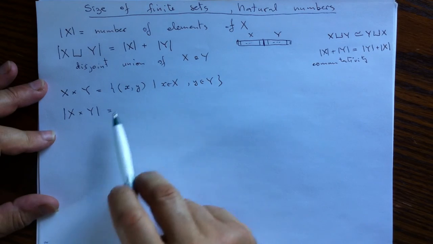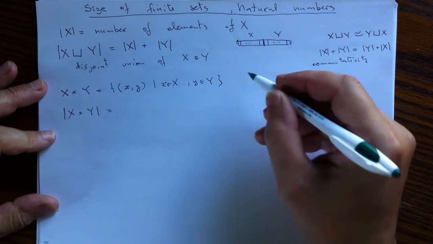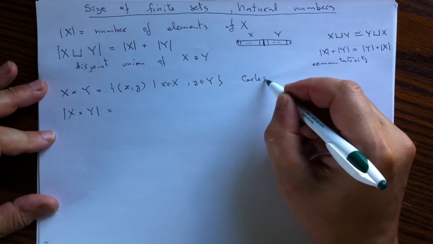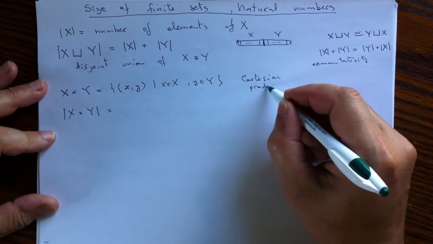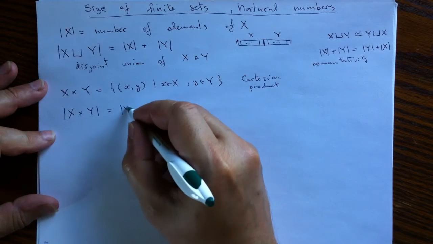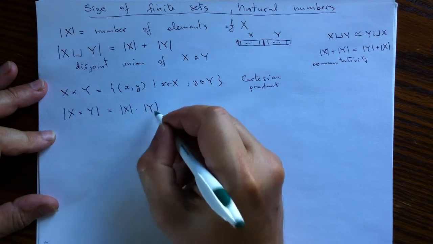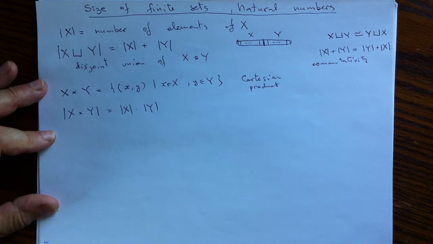If we count the number of elements in the Cartesian product, named after René Descartes, we have the following answer: it's a product of sizes of the ingredients, of the factors in the product of sets.